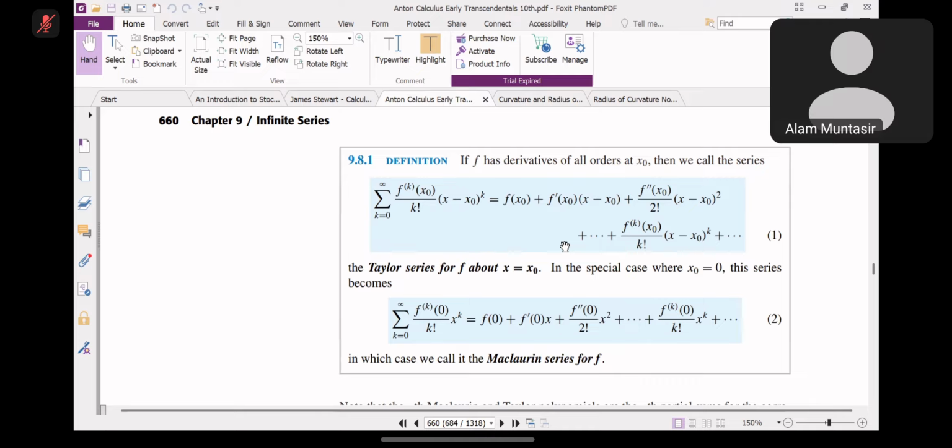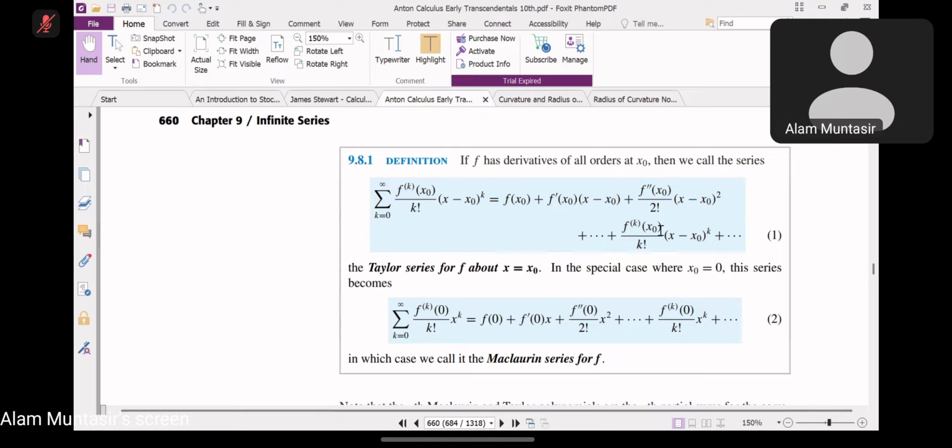The Taylor series is the most generalized form, and Maclaurin series is a special form of Taylor series. If you take the series about the center, that means about the point 0, then Taylor series converts to Maclaurin series. For this chapter, you must remember these two formulas.